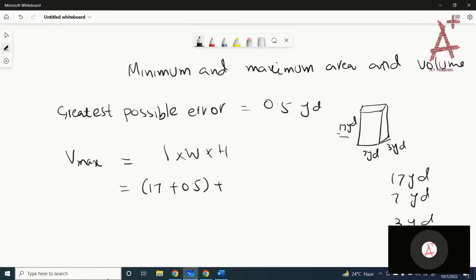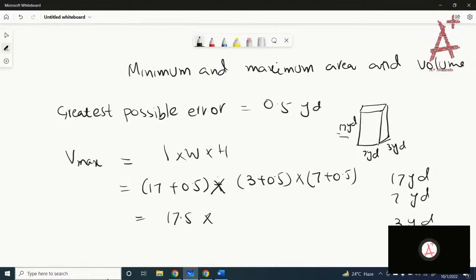The width is 3, so 3 plus 0.5 is 3.5, and the height is 7, so 7 plus 0.5 is 7.5. So just multiply all the numbers.